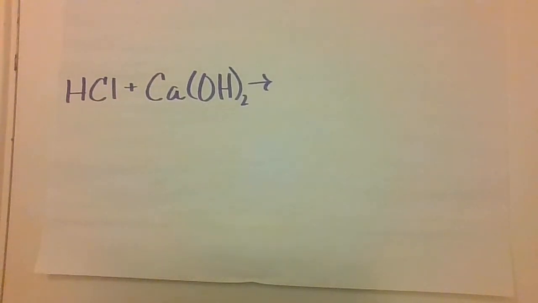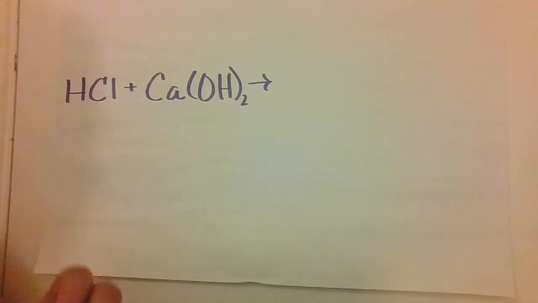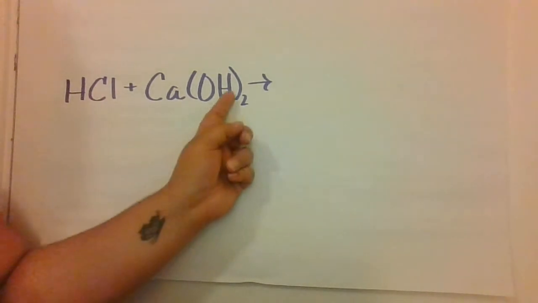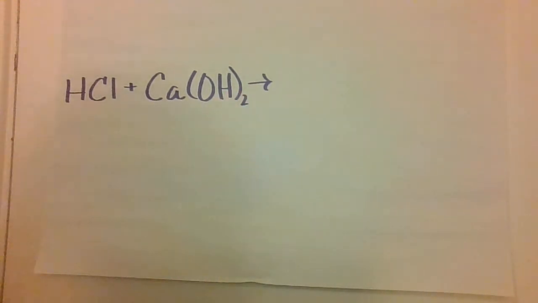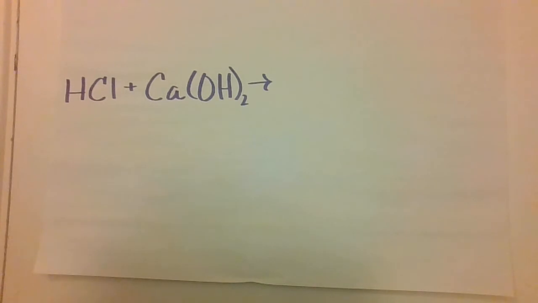So there are times when we end up having subscripts in some of our compounds. So for the purposes of balancing, we would typically use that 2. But for us to make our compounds to complete our chemical equation here, we're going to have to do a few things.